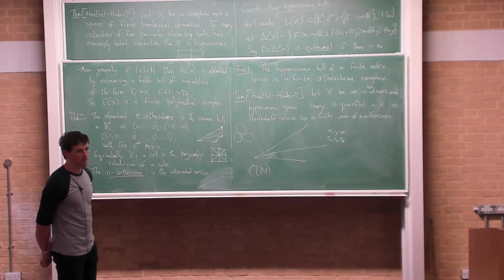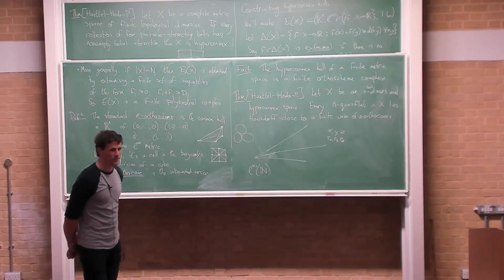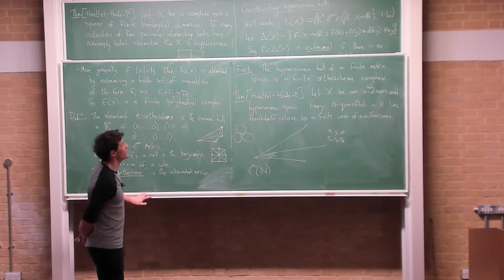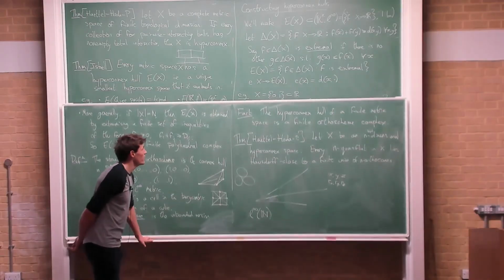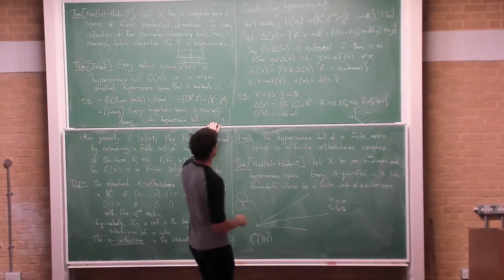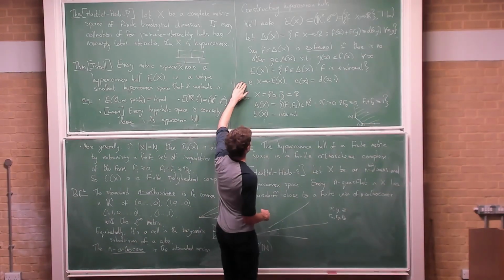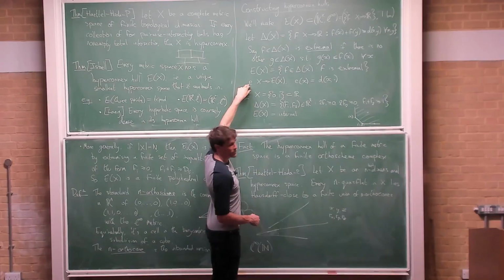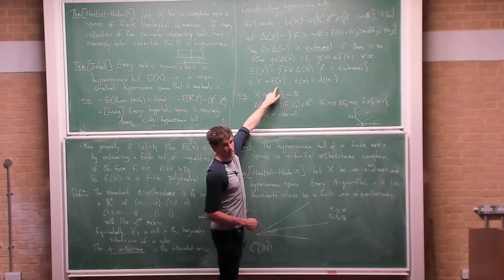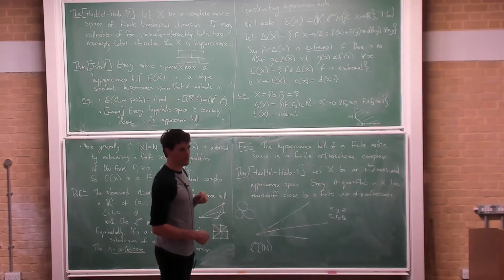If your space is already hyperconvex and you do the hyperconvex hull construction, you get the same space out, right? You get something isometric to it, yeah. Is there a nice way of seeing that from this definition? So luckily Francesco was concentrating and he asked this question. We already have a map from X to its hyperconvex hull here. So your question is just, can we see that it's surjective?